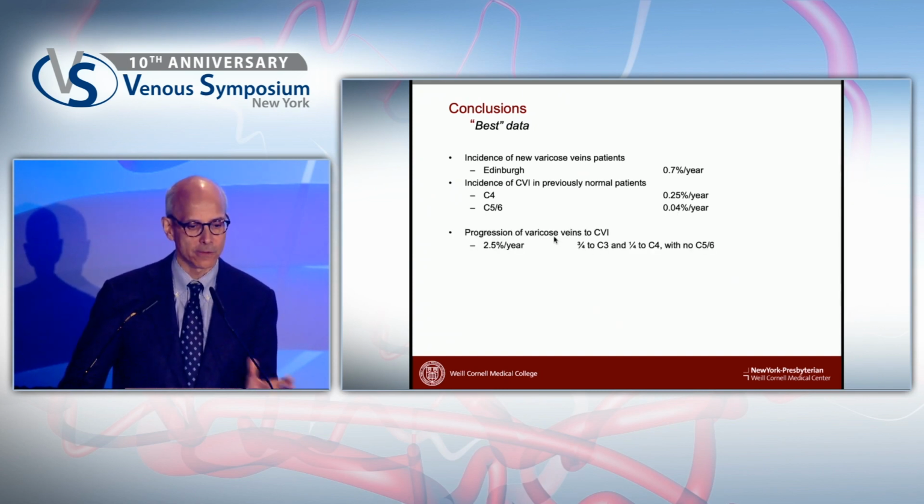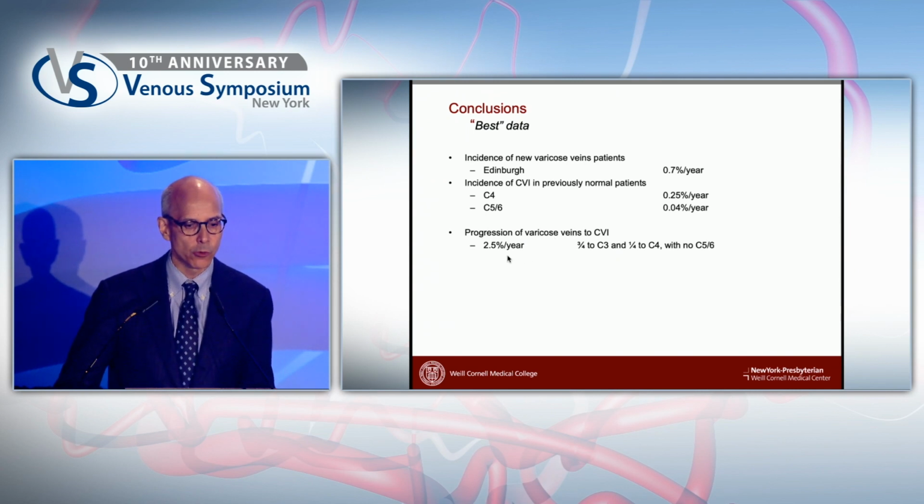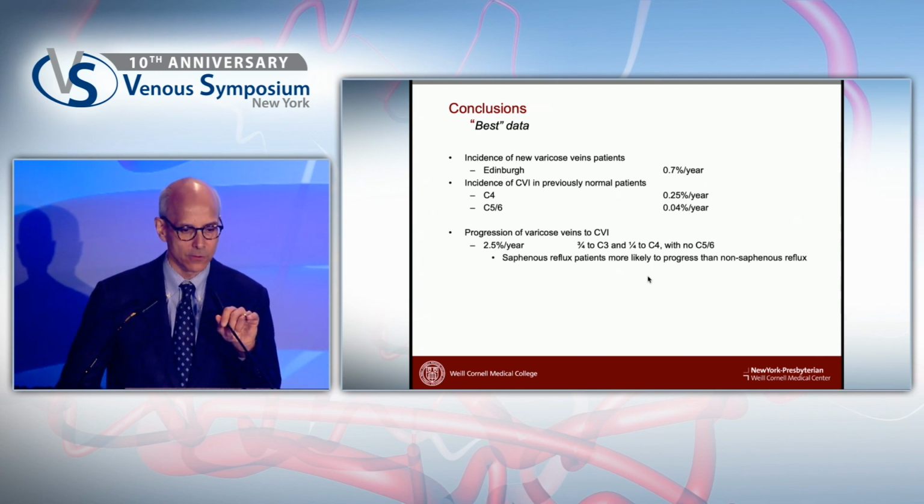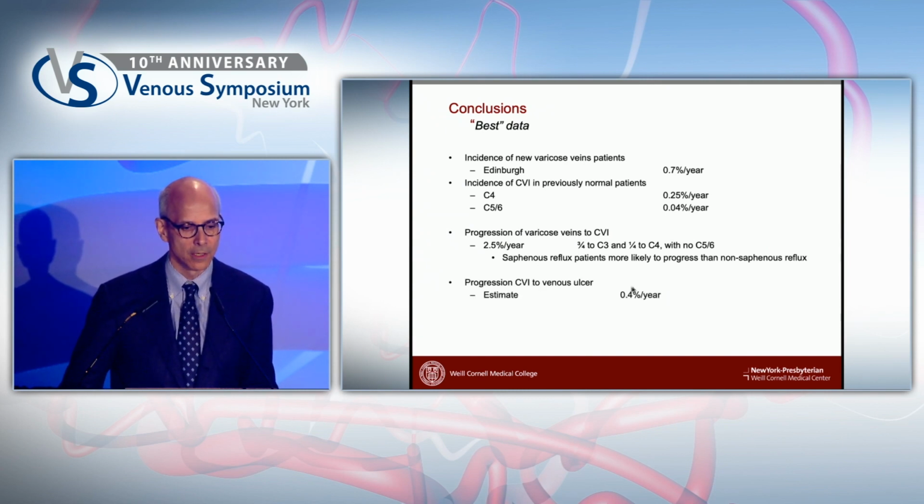Progression from varicose veins to CVI is about 2.5% per year, but 3/4 of those are to edema, 1/4 of those are to skin injury, and then at least in the trials of the duration that we're looking at, no significant development of ulceration. Saphenous vein reflux patients may be more prone to progression.